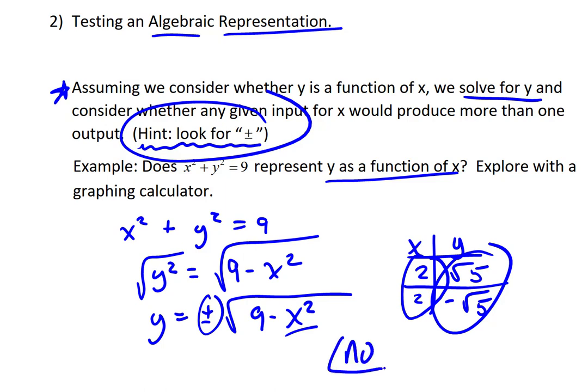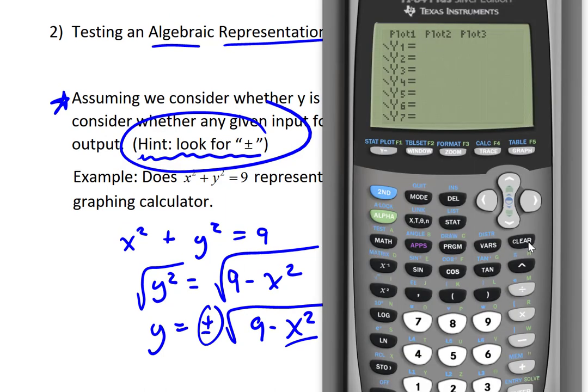Now let's take a quick look at how a graphing calculator can help us represent this equation, but we have to be very careful about this. We just mentioned that this equation, y equals plus or minus square root of 9 minus x squared, is not a function, and the calculator will only graph functions. So what we're going to have to do in this case is split it up, where the plus root and the minus root go in as two different equations.